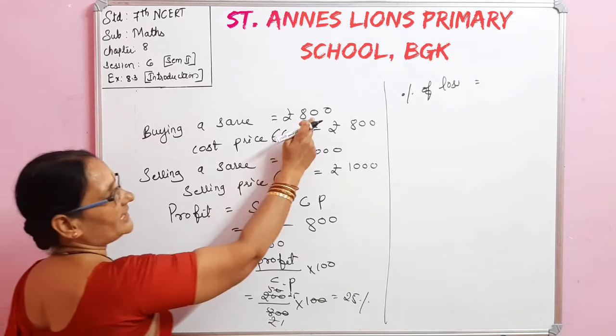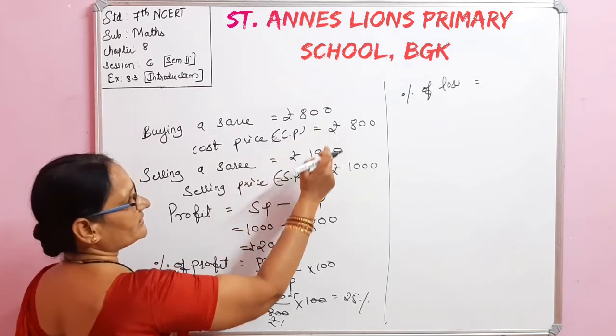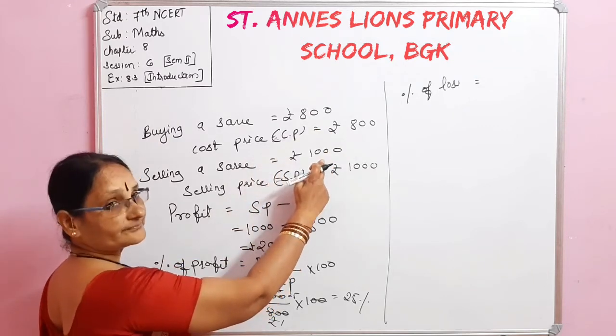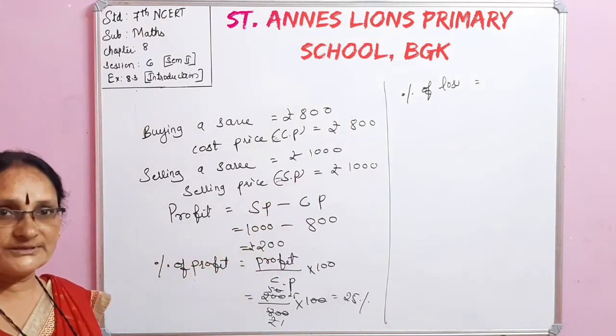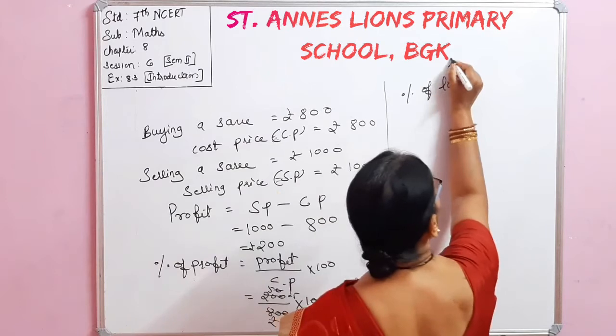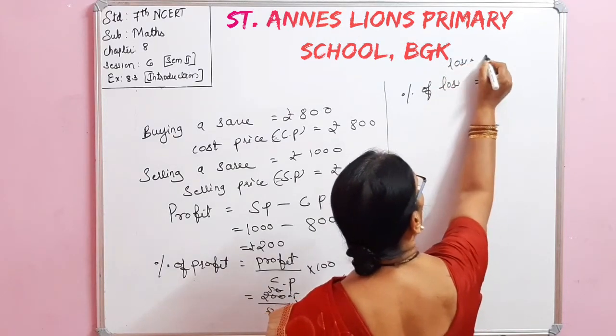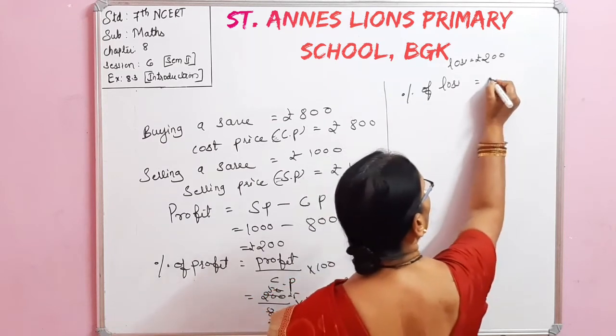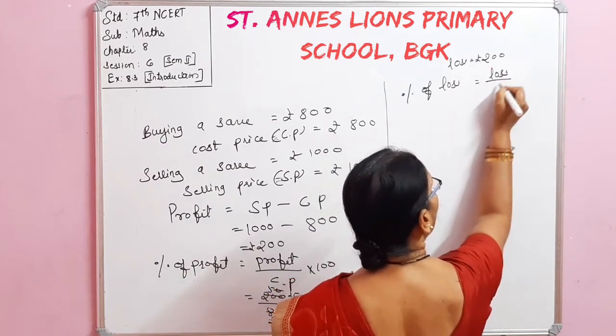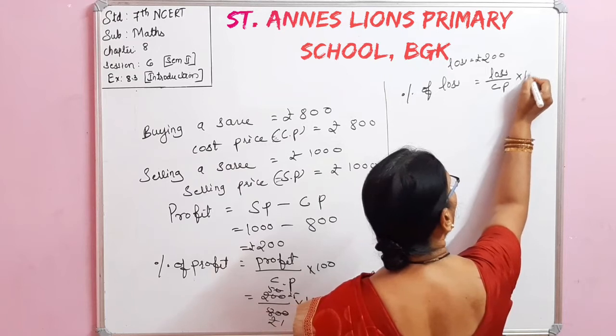Suppose I have sold this sari for 600. What is the loss? 200 rupees loss. And what is the percentage of loss? Loss by CP into 100.